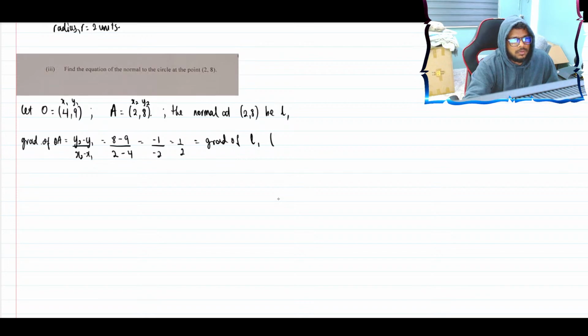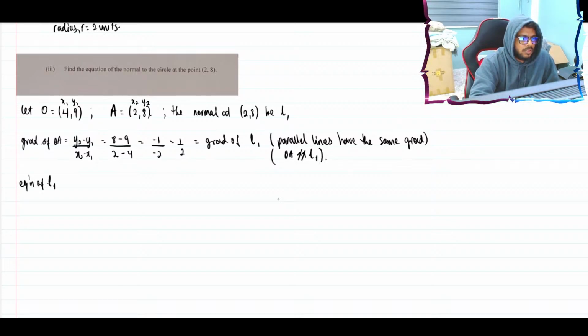We state that parallel lines have the same gradient. Also, we state that OA is parallel to L1. This is your symbol for parallel.